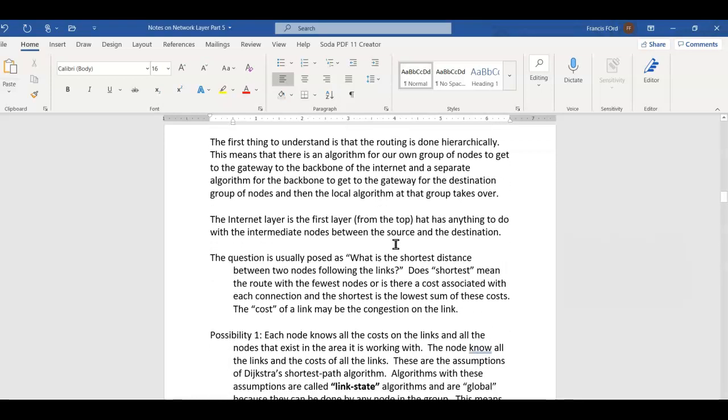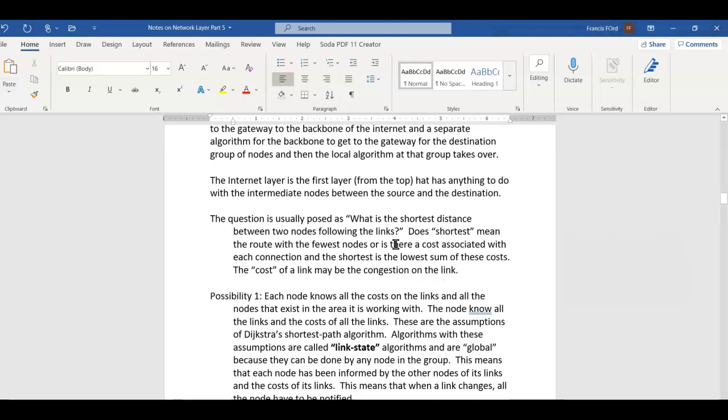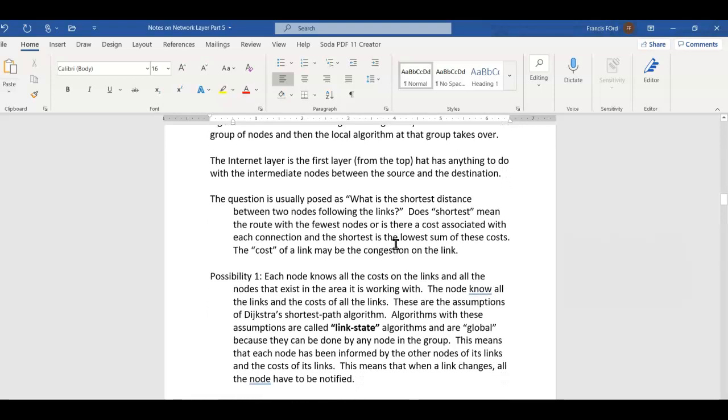Now, there are two ways we can think about routes. The first way is that a node knows everything, at least in its little group. We're not talking about creating a route through all billion or whatever there are of nodes.